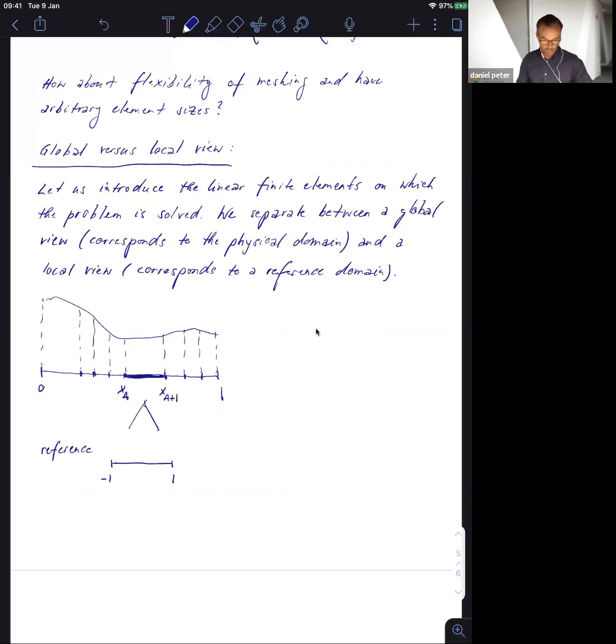So let's see our global view. We can express that in terms of domains, which go from XA to XA plus 1, etc., which has nodes at these physical coordinates, XA, XA plus 1, etc. Let's just focus now on this particular element, and it has degrees of freedom associated to each node, so dA and dA plus 1.